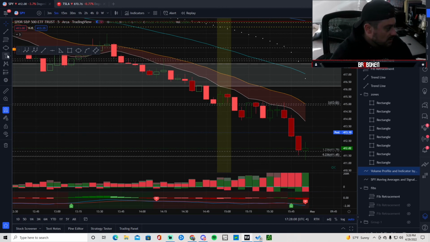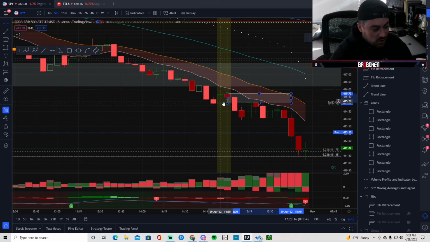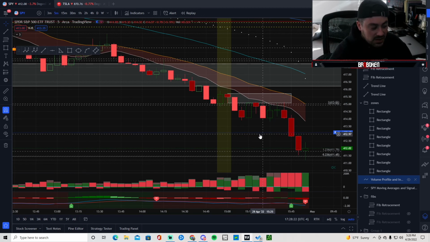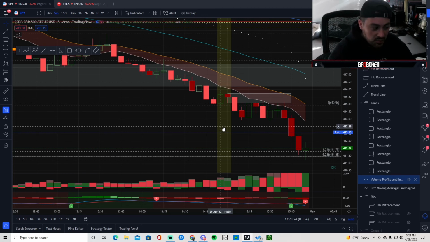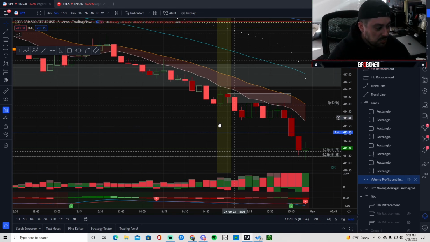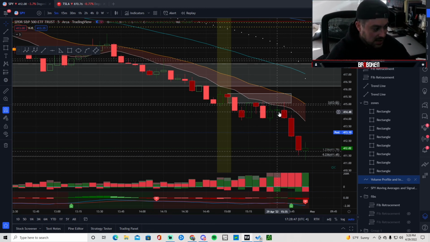So since this was the Holy Grail, you'll see that this red candle right there is the inside bar followed by the outside bar of this candle. Whichever breaks, that's where the trend is supposed to go next. And since it broke below the previous candle's low, that's a signal for a potential trend continuation, or the trend going to the downside.